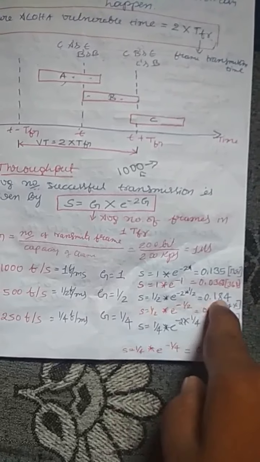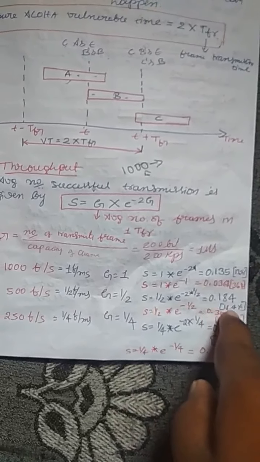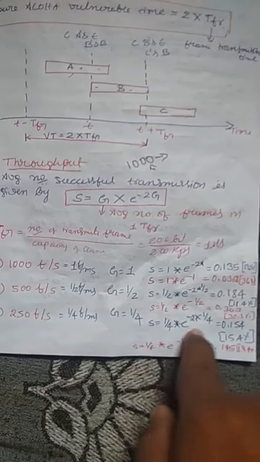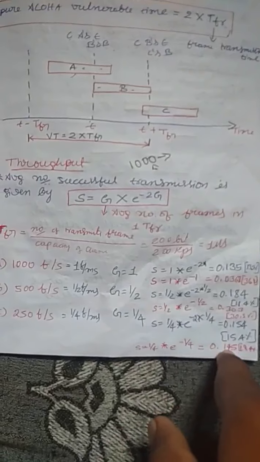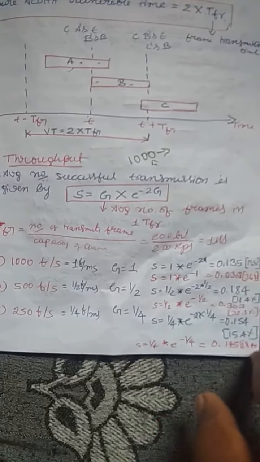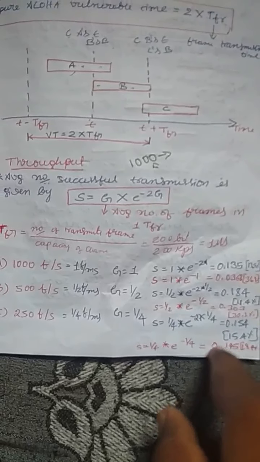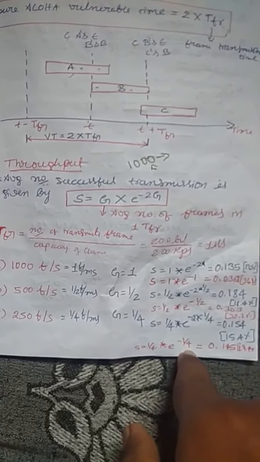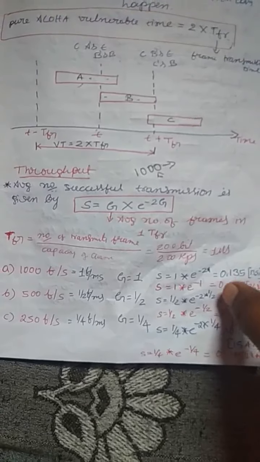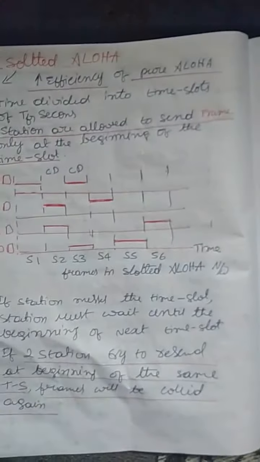Next, 18% here and 30% there. Pure Aloha 15%, here 19%. There is an increase in transmission of frames in slotted Aloha, which means it has increased the efficiency of pure Aloha. This is the completion of Aloha.